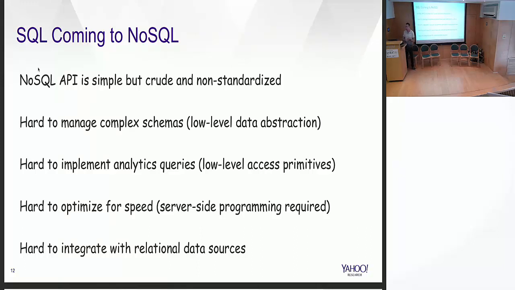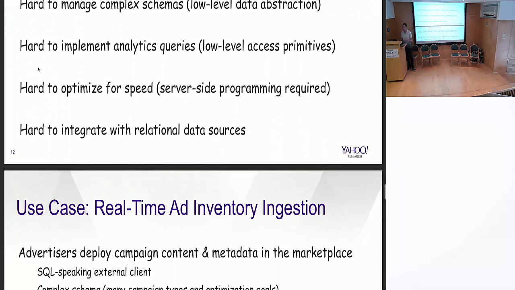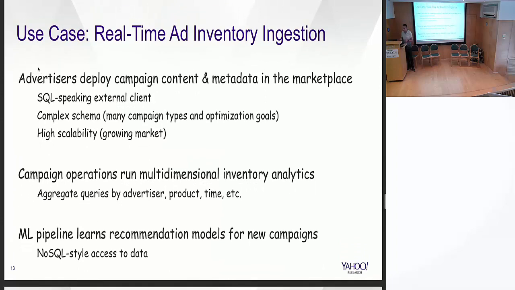It's hard to manage complex schemas. It's hard to implement analytics queries. It's really hard to optimize for speed, because traditional databases do a lot of server-side optimizations that are close to the data, and it's really hard to do this kind of stuff with NoSQL databases. And moreover, it's hard to integrate with the relational data sources.